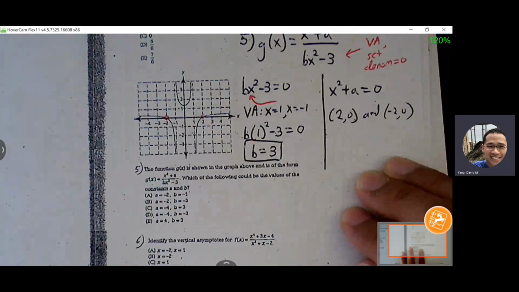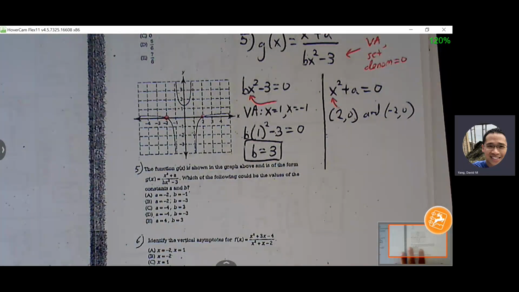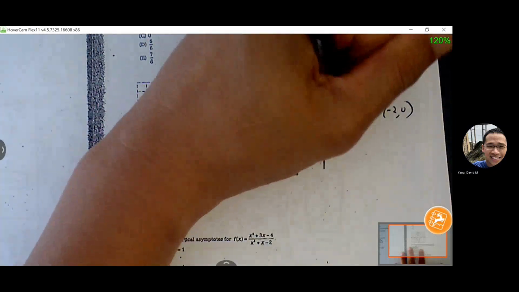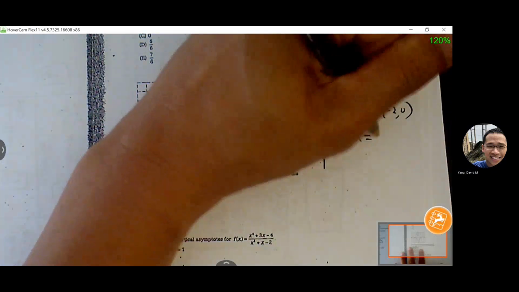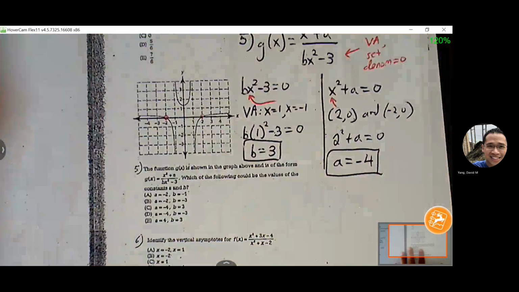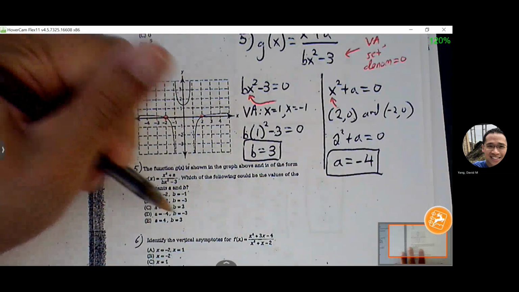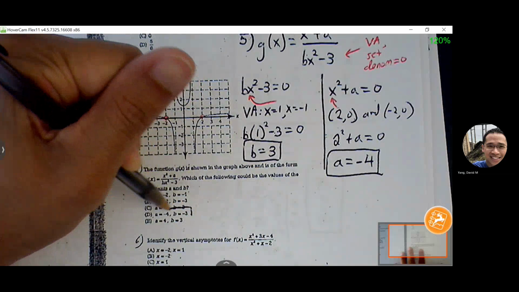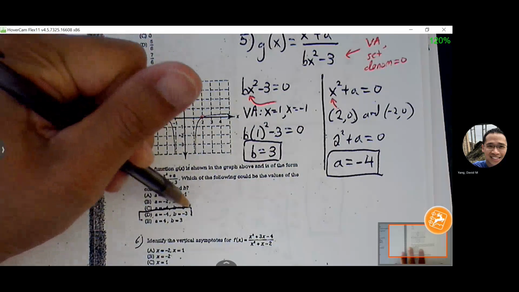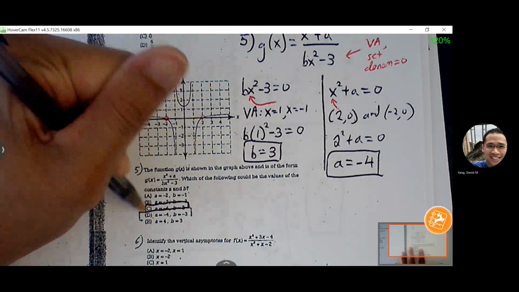So we already know what the x-intercept is, and that will allow us to insert 2 in for x or -2 in for x, and we can solve for a that way. a equals negative 4, b equals 3.